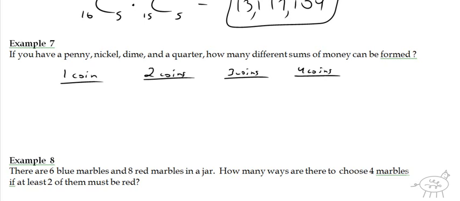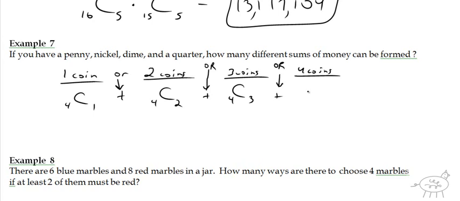Okay, so if I have 1 coin, I have 4 coins to choose from: a penny, nickel, dime, and quarter. So that means I've got 4 and I'm choosing 1, right? Or, the word or means plus, very important. Or I'm choosing out of 4 coins 2. Or I'm choosing out of 4 coins 3.